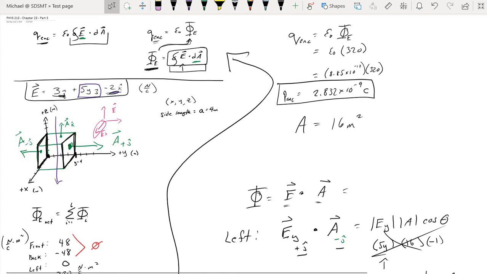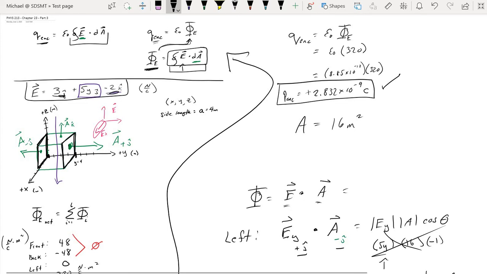contained within this cube. Now, the one thing that this answer does not tell us is where that charge is inside the cube. All we know for sure is that we have that amount of charge inside the cube, and that's the only thing that we can really say at this point. But now, if you notice, the value of the charge that we got here came out to be positive.